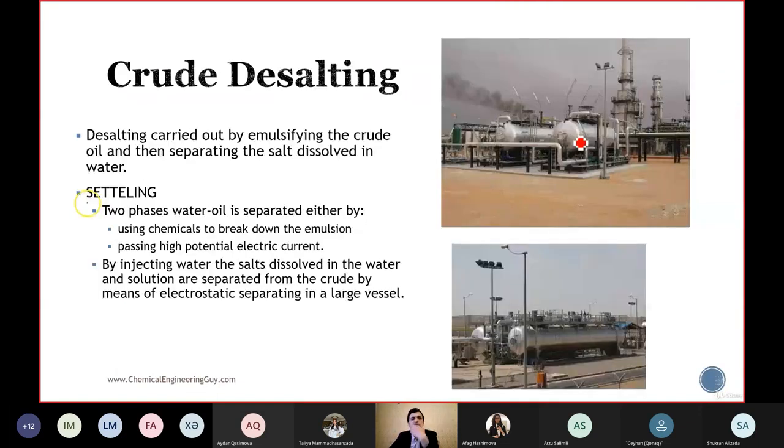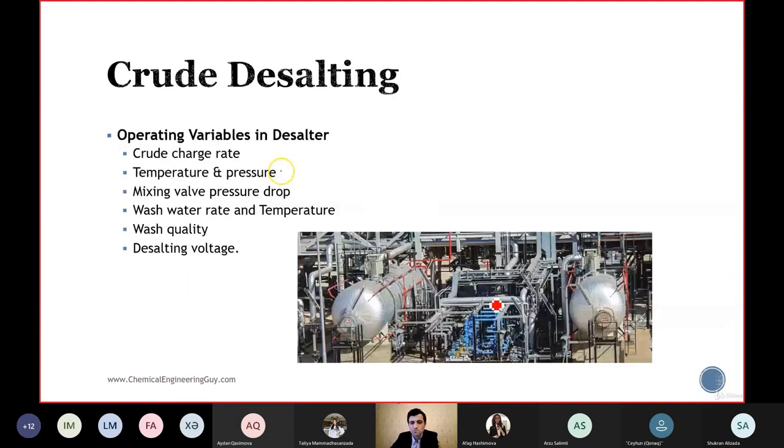The operating variables in desalting are the crude charge rate, temperature and pressure, and mixing valve pressure drop. Where is the mixing valve? Do you remember? Where do you think there can be a mixing valve? You see here the mixer.